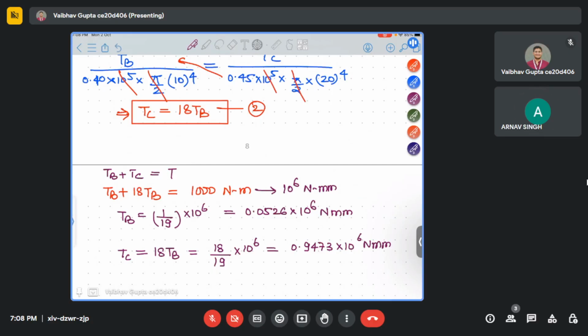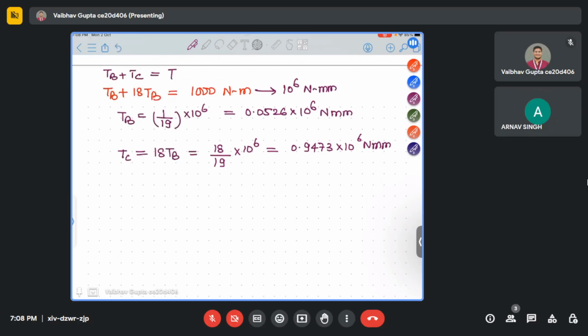Okay, now you got to know what is the torque applied at brass and torque experienced by copper. Now we just see what is the angle of twist. You can calculate anything, TB upon mu b JB or TC upon mu c JC. Both will get the same answer because the angle of twist is same.